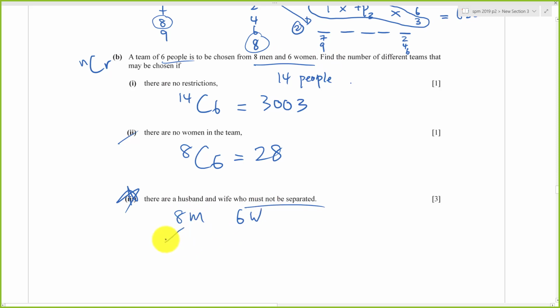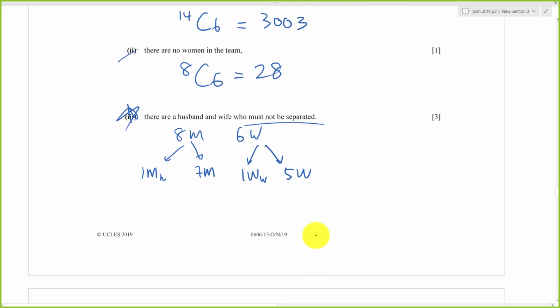From the 8 men here, I'm going to separate them: 1 man is the husband and 7 are just the other men. Here I have 1 woman, which is the wife, and the other is just another 5 other women. So over here, I want to select 6 of them in a team.